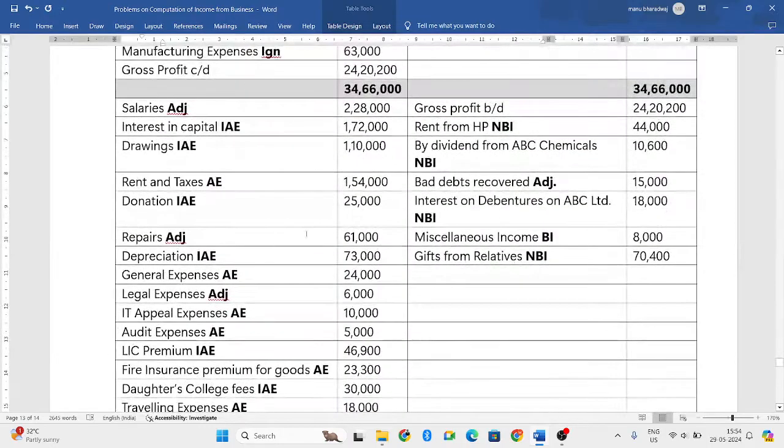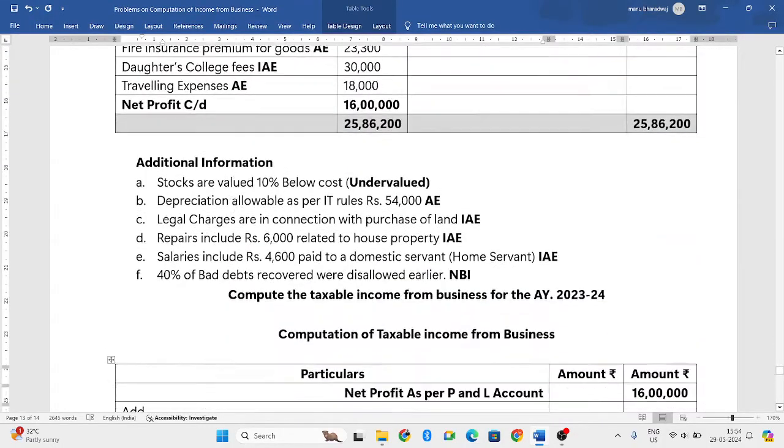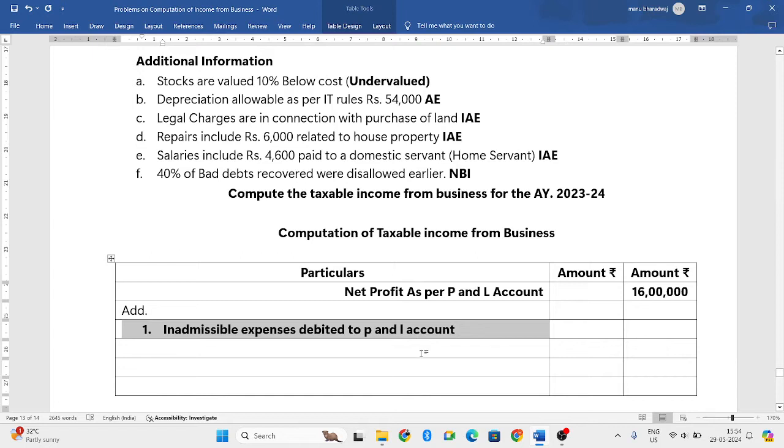So first let us look into the P&L account. Salaries, we have an adjustment. Salaries include 4,600 paid to a domestic servant, which is inadmissible.